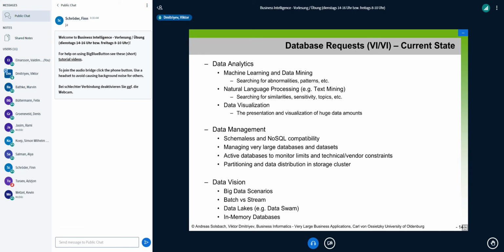And there is for sure the current state, so what is going on in the database. Basically, I would like to stop on the communities that are merging themselves, or let me reformulate.